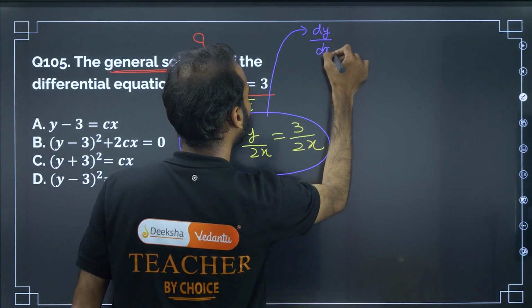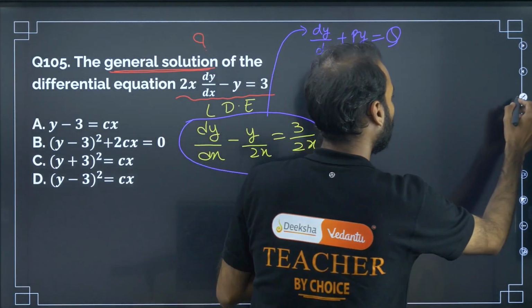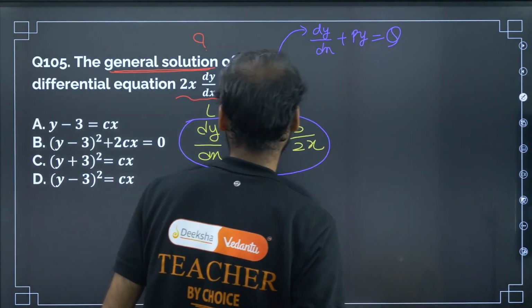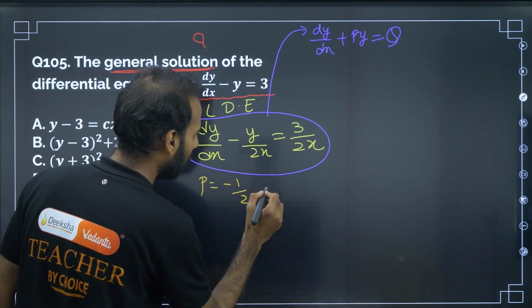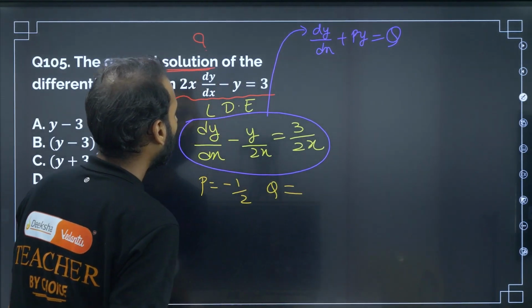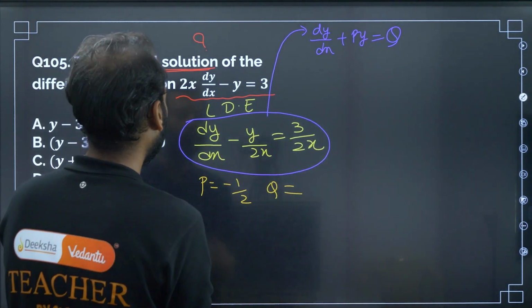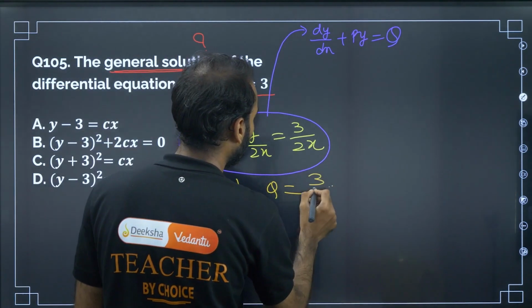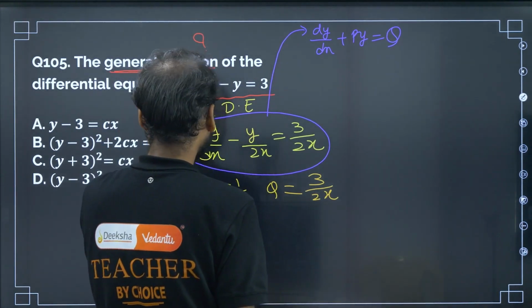Now from here you relate the terms and you get P is equal to minus 1 by 2x, and Q is equal to 3 by 2x.